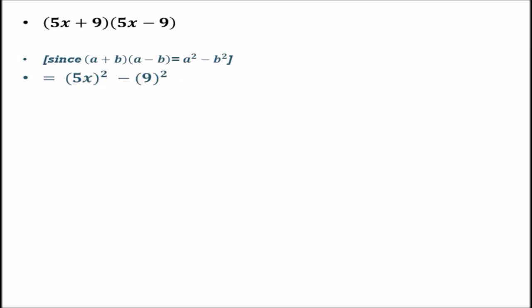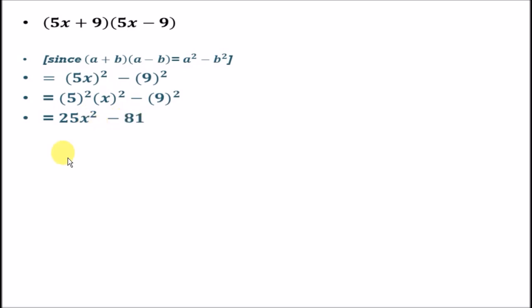Now remember, 5 and x are two terms, and whole square means the square is for both 5 as well as x. So let us do it like this till the time you don't understand the concept. Once you have understood the concept, you can skip the step. 5 square into x square, since square is for both, (5x) whole square minus 9 square. 5 5s are 25, x square will remain x square, minus 81.